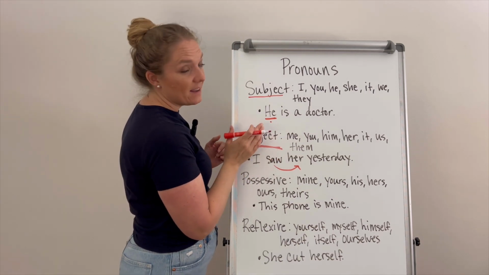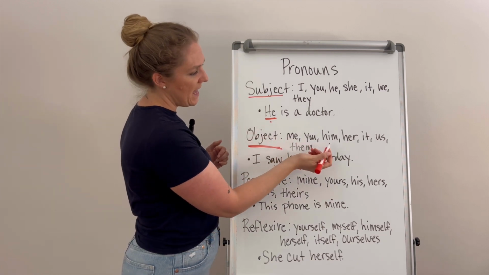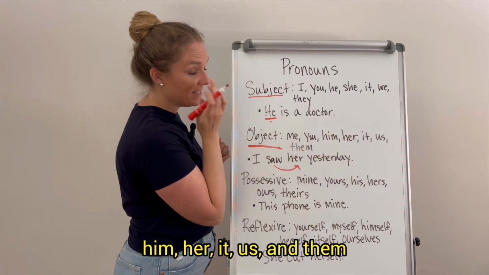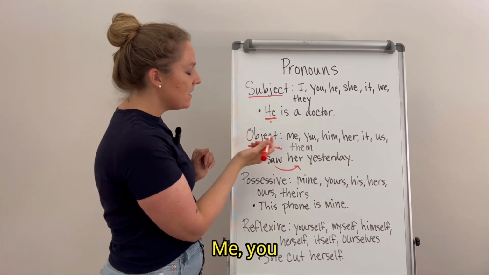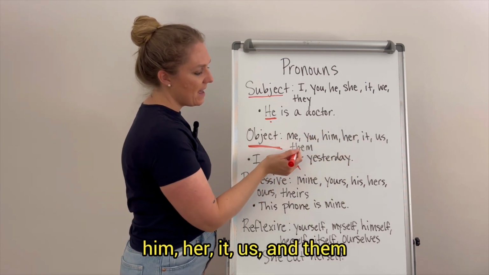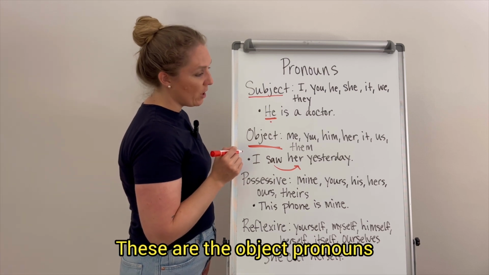So the object pronouns are me, you, him, her, it, us, and them. These are the object pronouns.